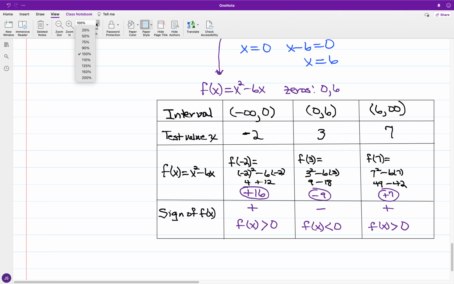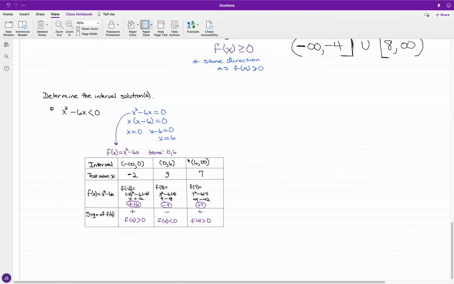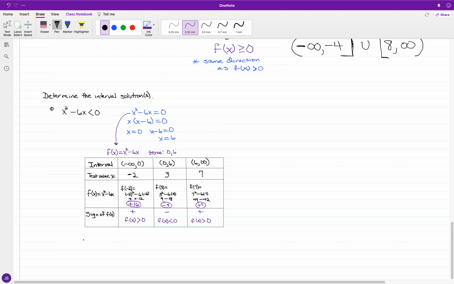Okay. And now, just looking at what we have for the inequality. So I have x squared minus 6x is less than 0. And this is already established as a comparison to 0 inequality. So x squared minus 6x is less than 0. So this is going to reference where we have f of x to be less than 0.